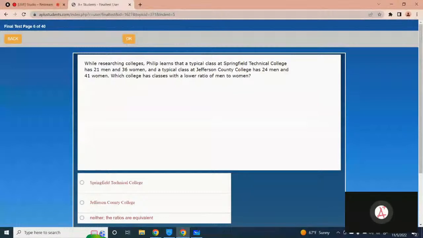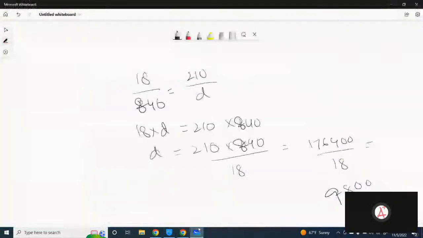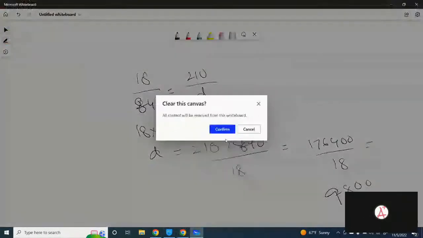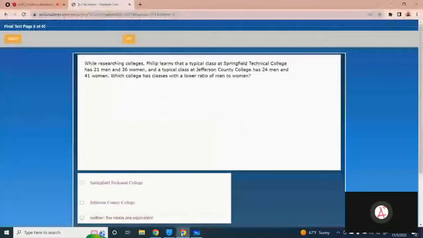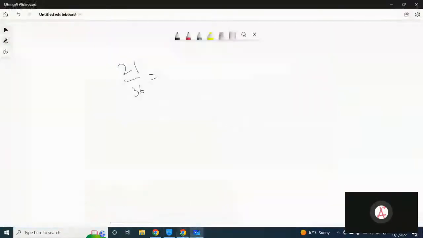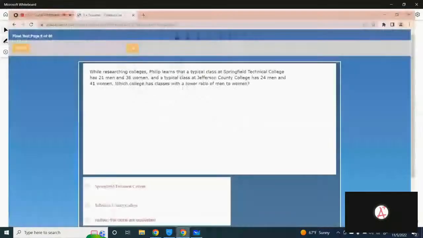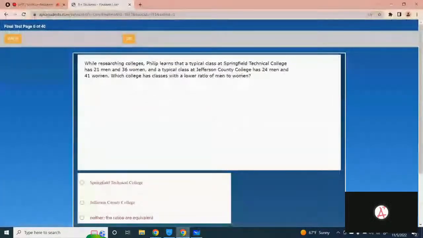So it would be 21 to 36, and the second one is 24 to 41. Let me just read the question again. Which college has classes with a lower ratio of men to women? Got it?